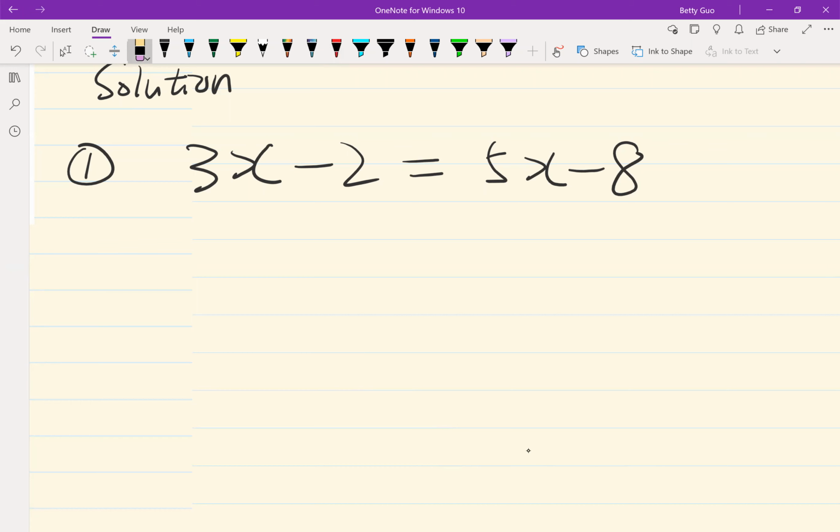Terms are parts separated by plus or minus or equal sign. How many terms on the left? 2. How many terms on the right? 2. So together we have 4 terms, do you agree? Exactly. All right, see here.